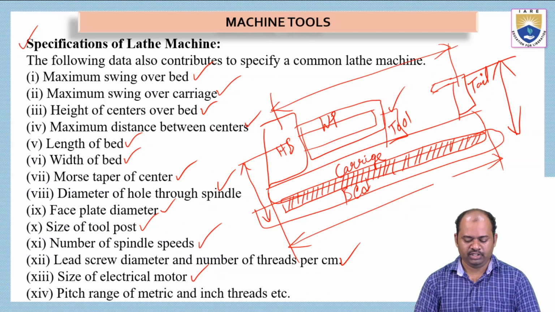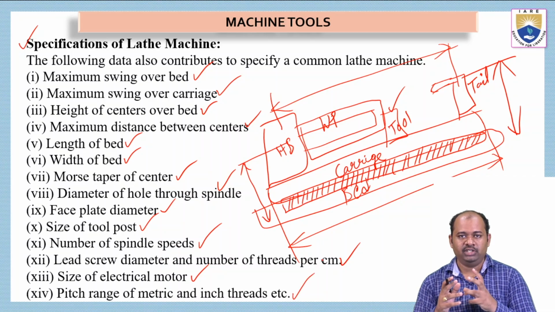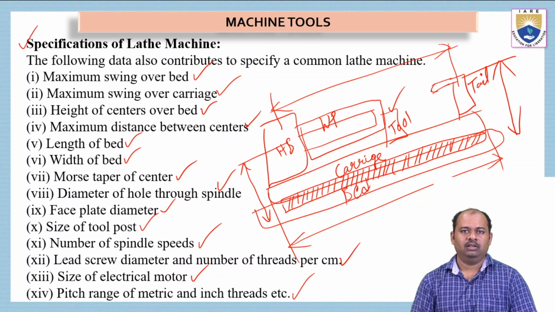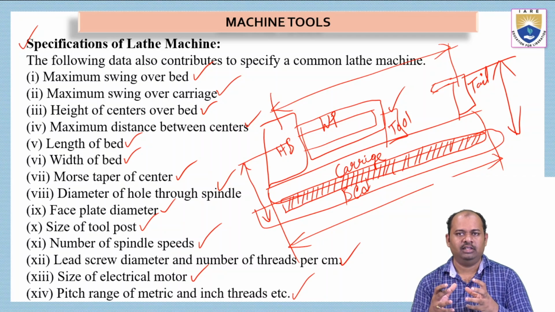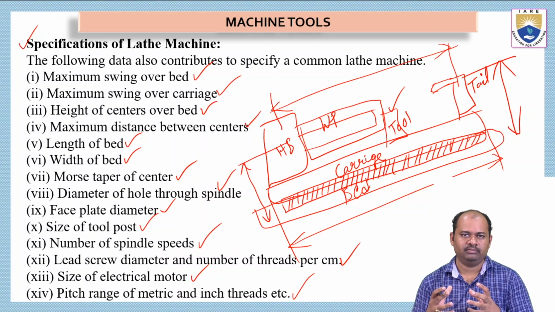And then pitch range of the metric and inch threads. The pitch range is used in the thread cutting operation. Pitch range will indicate whether it is taken in the case of metric or inches.